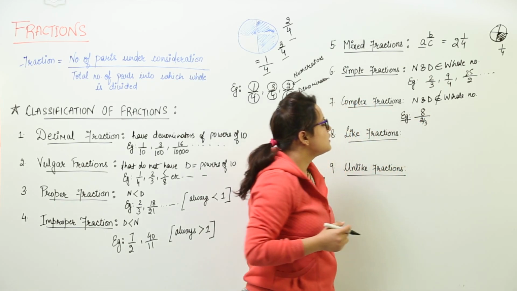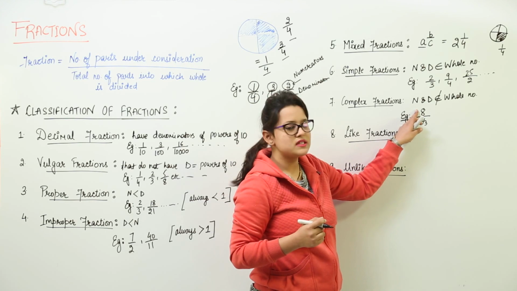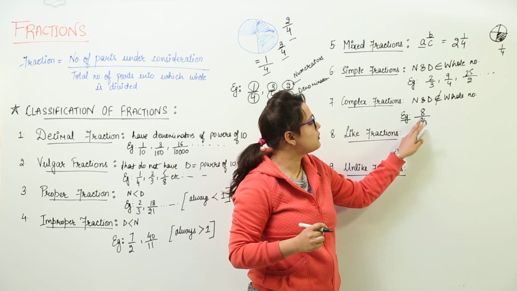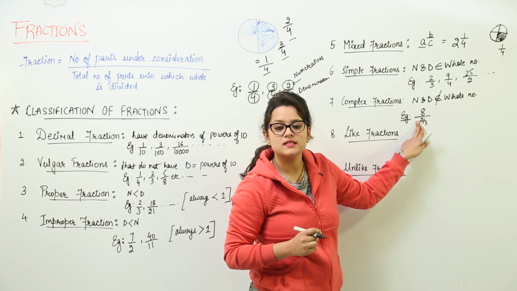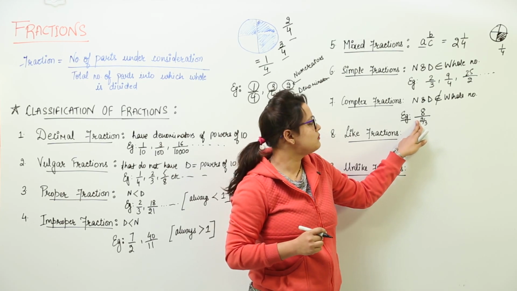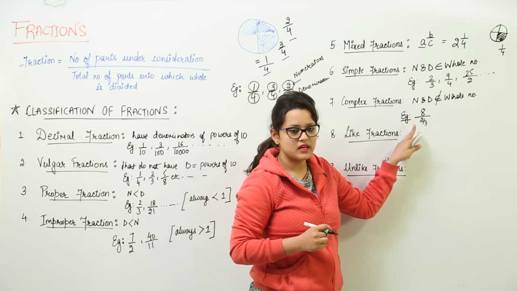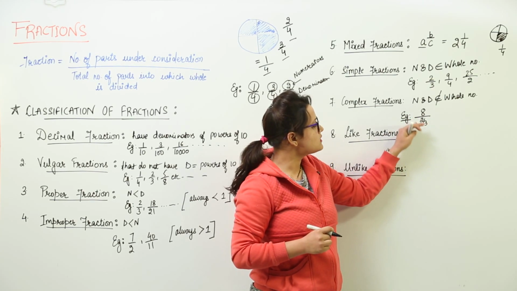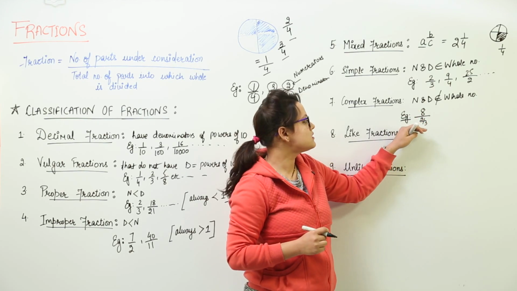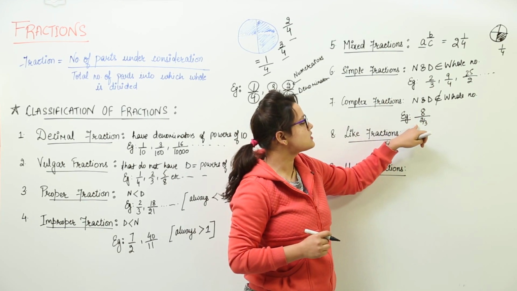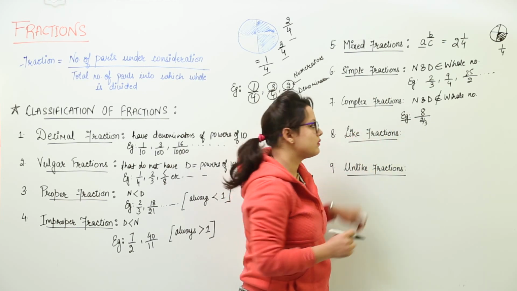Now in this you can check the numerator is 8, which is a whole number, but what about the denominator? Here your denominator is not a whole number, it is a fraction. So this is representing a fraction, yes, but because its numerator and denominator are not both whole numbers, this is not a simple fraction, this is considered to be a complex fraction.